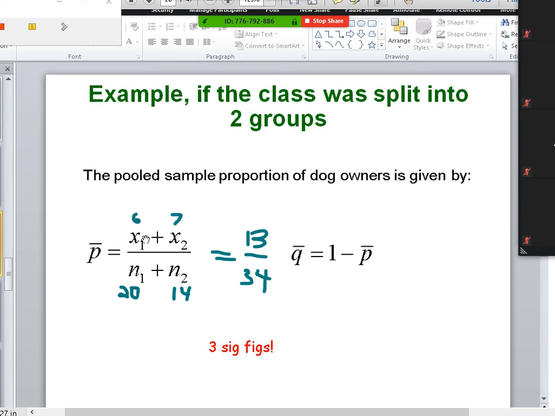You take your first group, x1 over n1, and your second group, x2 over n2. You have 6 out of 20 and 7 out of 14, and you pull them together. So I have 6 plus 7, 13 dog owners out of 20 plus 14, 34 people. This becomes my P-bar, and then Q-bar is just 1 minus P-bar. Use 3 sig figs: find this as a decimal and write it to 3 sig figs. Don't do 2, I want 3.